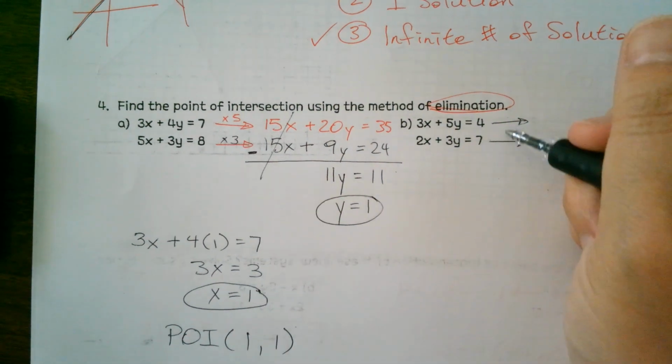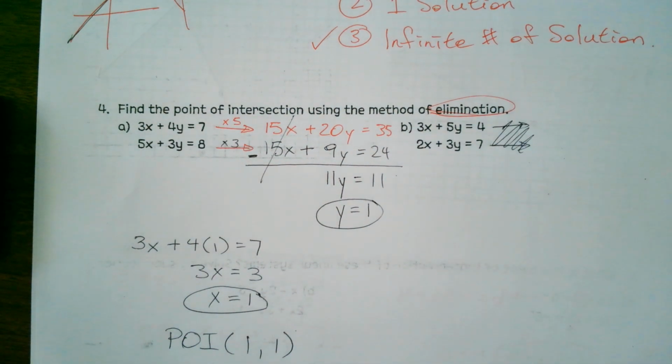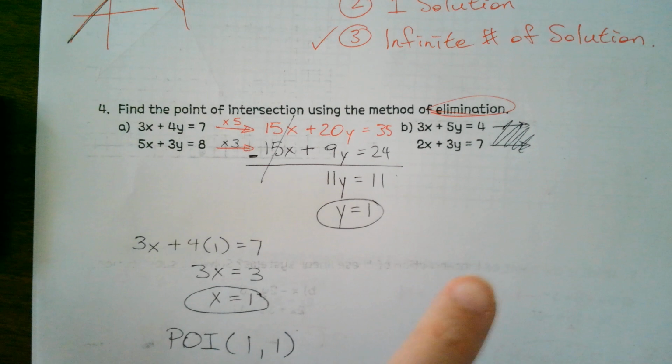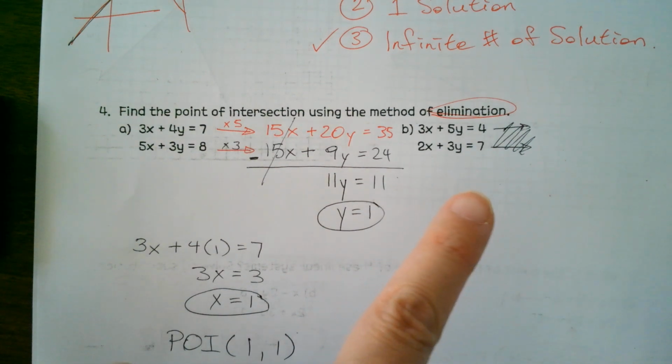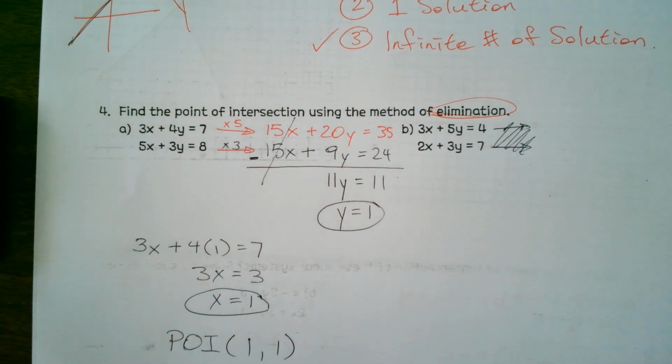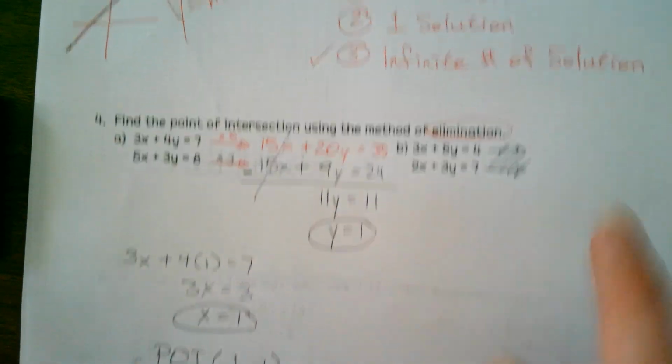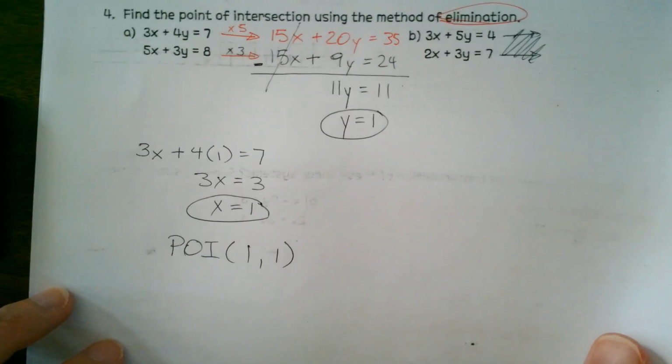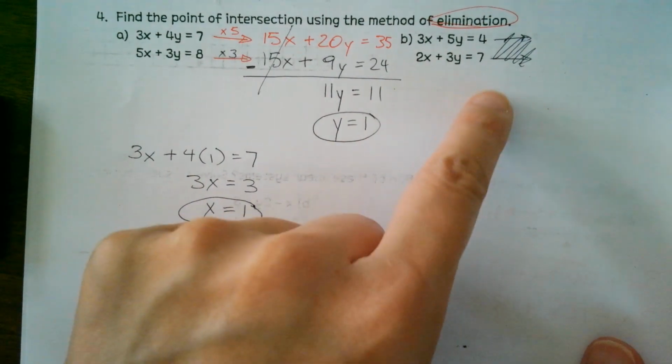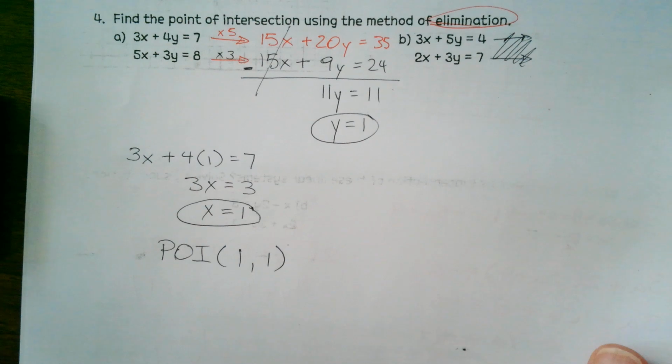Actually, this one is just the same. Do you guys need me to go over this one? It's the same. Everything is the same. I wish I had one with a different sign, like a positive, negative. You can see me if you want me to show you this individually. But we'll move on.